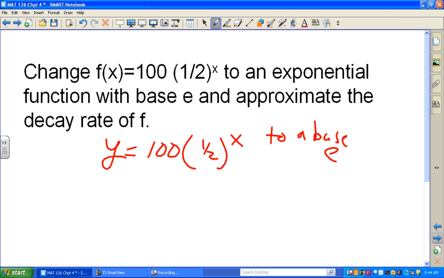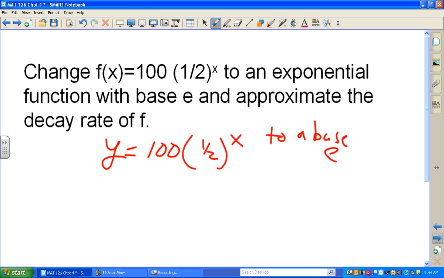I don't have a clue. Divide by 100. You do log first and then ln. You want natural log. I want to put the base e on that.